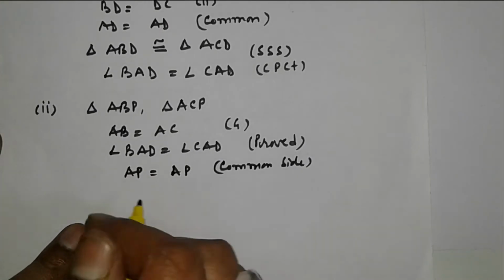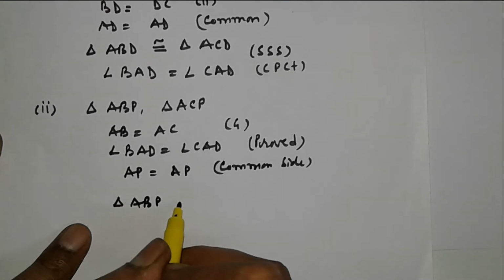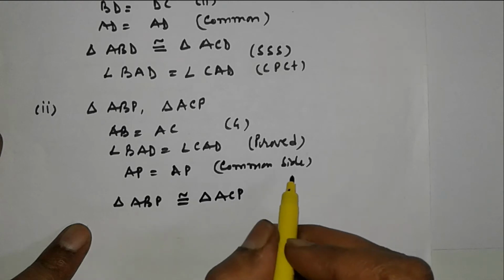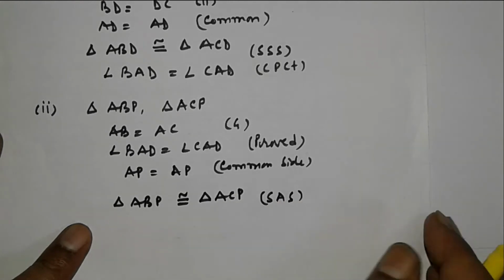So you can say triangle ABP is congruent to triangle ACP, and here we have used the side angle side congruence rule.